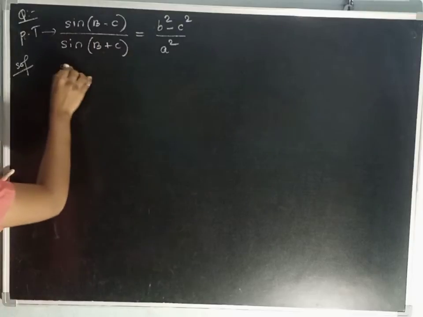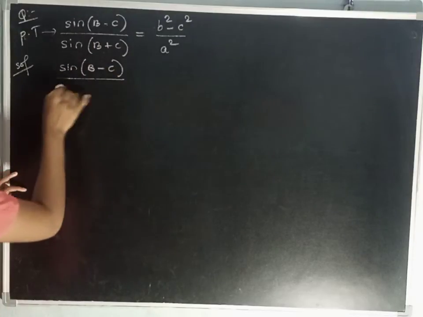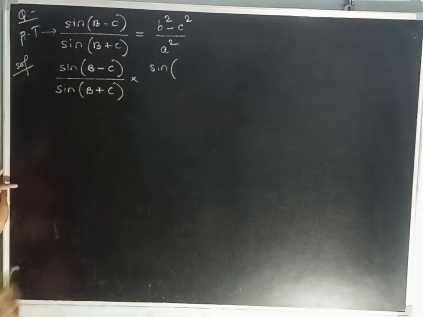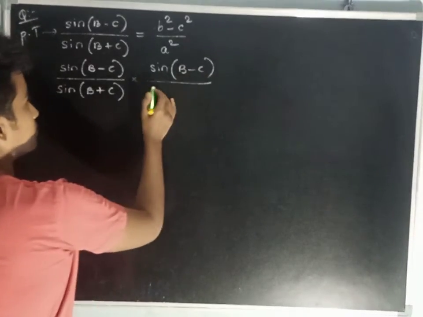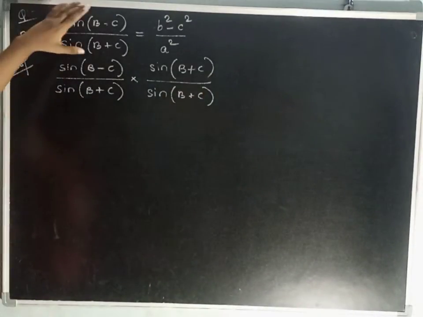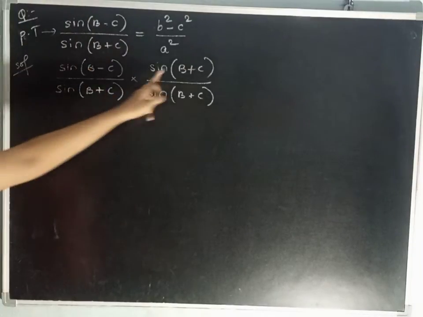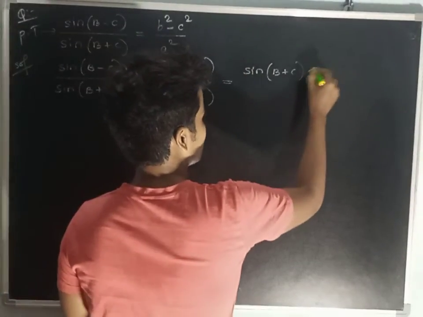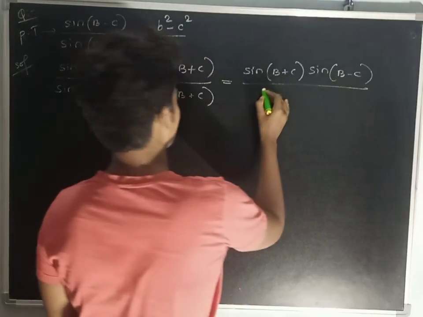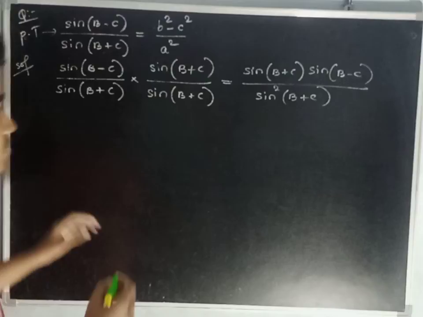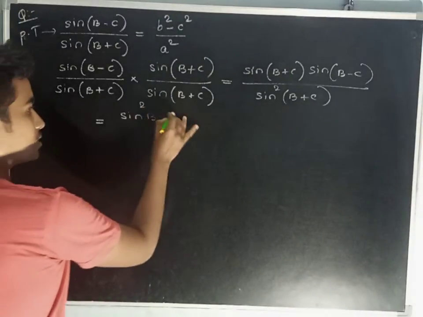Let me consider the LHS, sin(b - c) by sin(b + c). I am going to multiply both numerator and denominator by sin(b + c). Then I get sin(b + c) into sin(b - c) by sin square(b + c). Sin(b + c) into sin(b - c) is the direct formula learnt in trigonometry, which is sin square b minus sin square c.